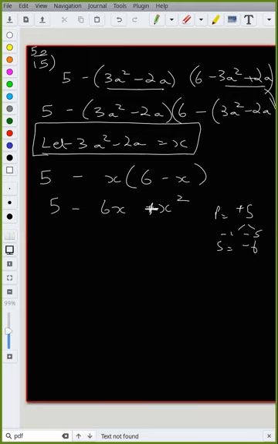There's one thing I need to teach you more today. I hope you all are getting the hang of these kinds of factorizations now.